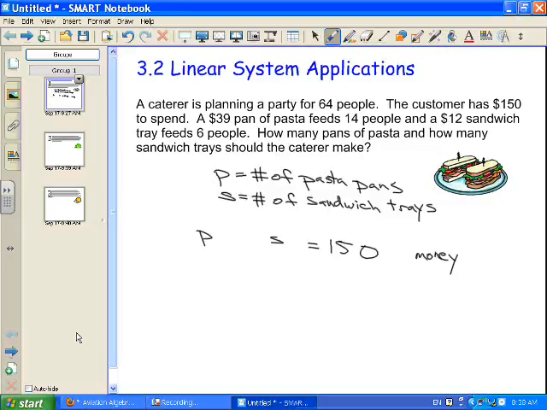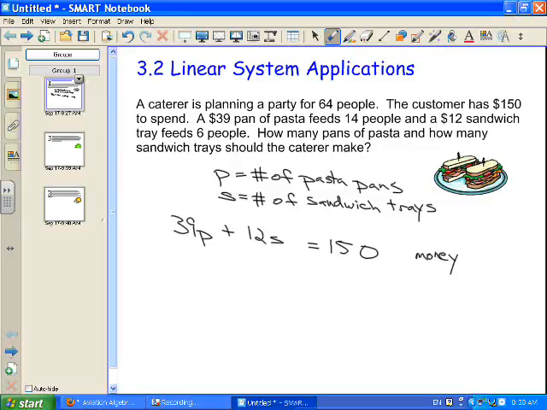So it's 39 times P. If I only have one, it'll be $39. If I have two, it'll be $78. So it's dependent on the number of pasta trays, plus 12 times the number of sandwich trays. There's one of my equations.